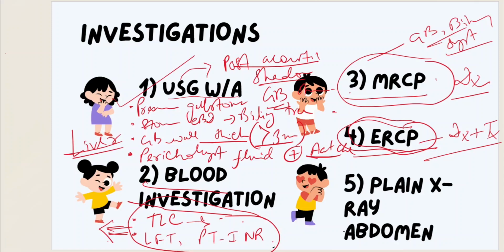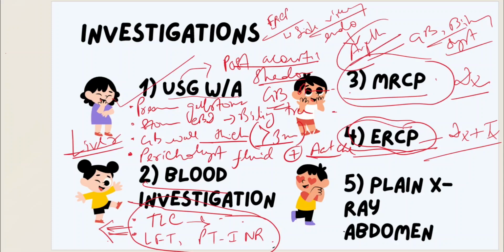In ERCP there is a side viewing endoscope through which we go and cannulate the ampulla of Vater, and inject dye to see the biliary tree.